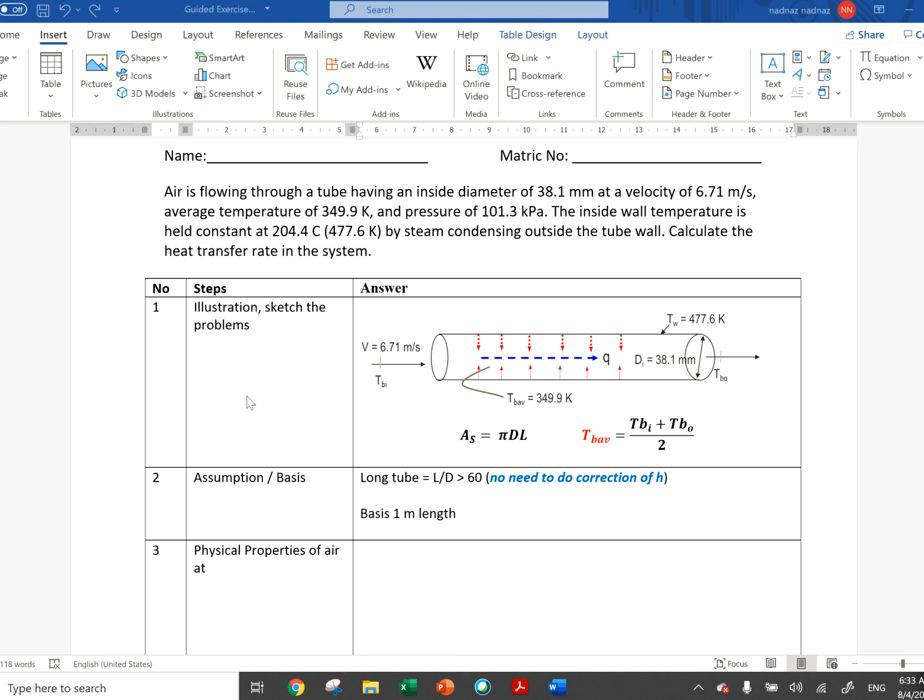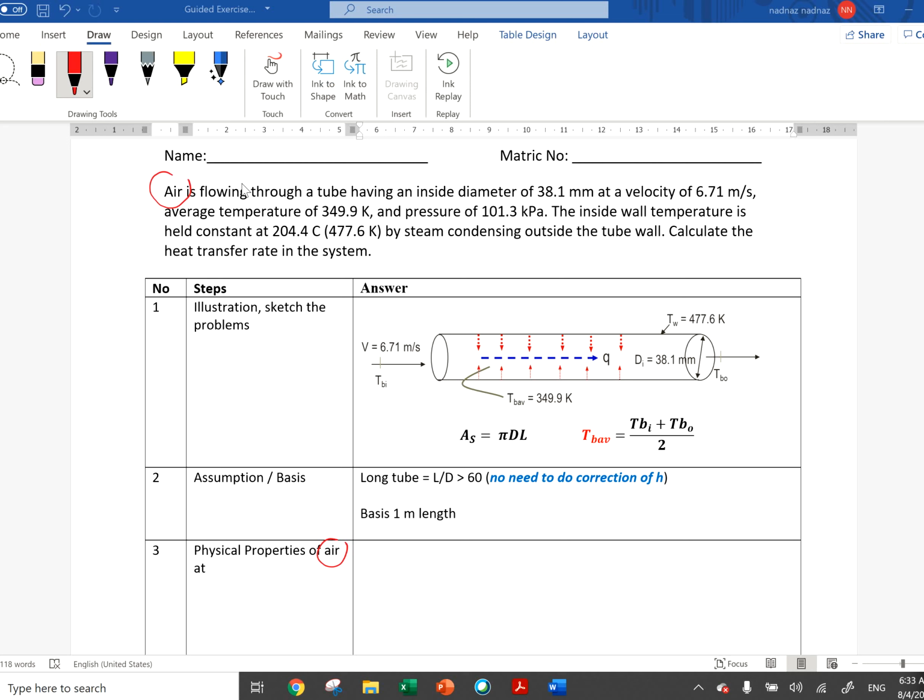Here, since the fluid is air, it is important that you take air as the fluid and calculate the physical properties of air. If in the question you are given water, then you have to determine the fluid properties of water, and at which temperature.